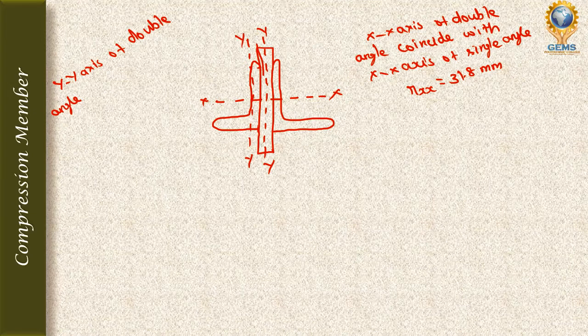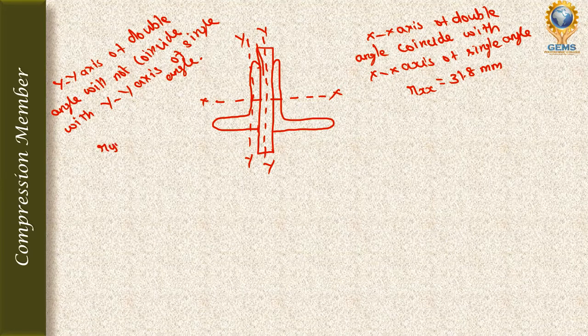So it will not coincide with YY axis of single angle. So we need to find the RYY value. So how we find the RYY value? RYY is equal to square root of IYY by A. So we have to find the IYY value.